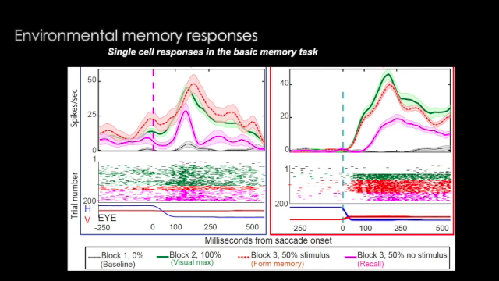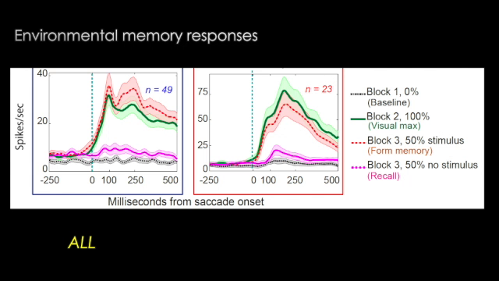Okay, you can do this for one neuron. So the magenta trace is what the memory activity is like. You can do this for a lot of neurons, 49 neurons in one subject and 23 in another. This is the visual activity, which is obvious because you're responding to something. This pink one is the memory.